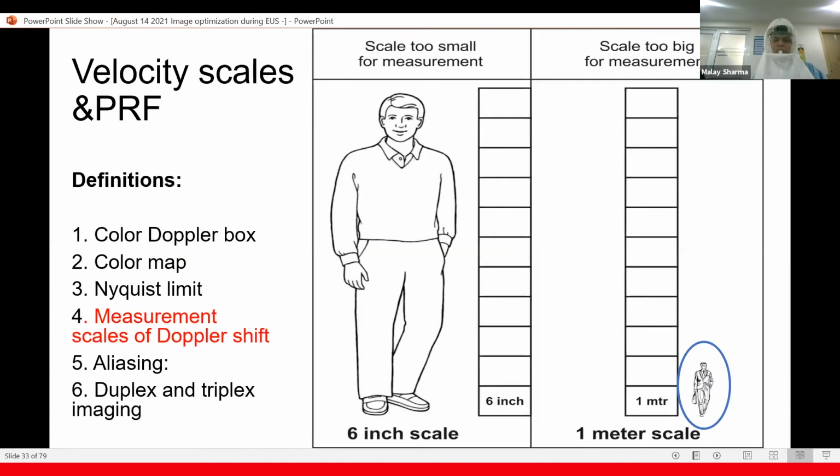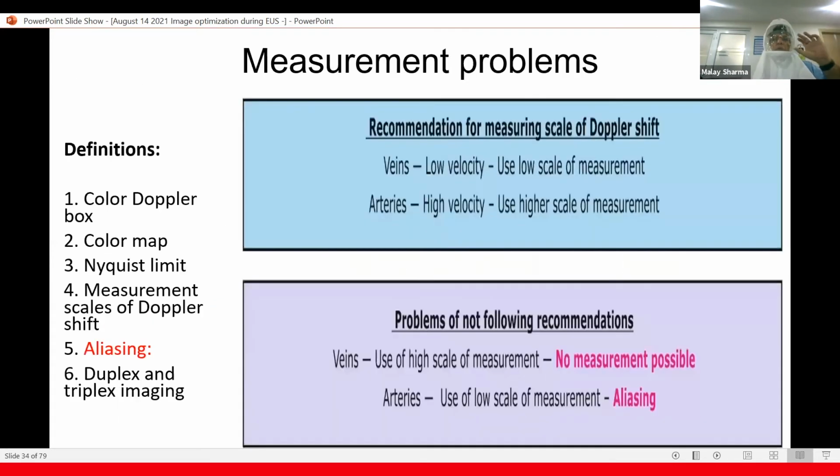You measure the velocity, you measure the PRF, and you measure low velocity structures with a low measurement scale, high velocity structures with a high scale of measurement. If you do the reverse, if you use a high scale of measurement for veins, you will not be able to measure it.